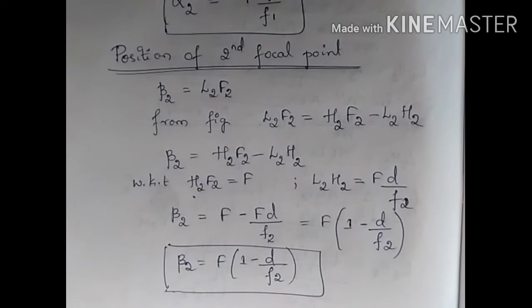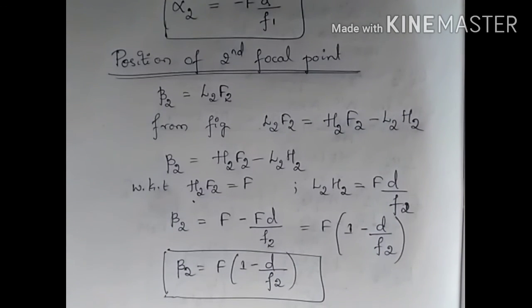The second principal point and focal point are done, and next we have to find the position of the first principal point and the position of the first focal point. If the ray diagram is clear to you all, then you can easily derive the position of the principal points or the focal points that are asked.